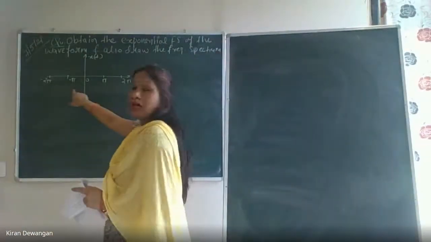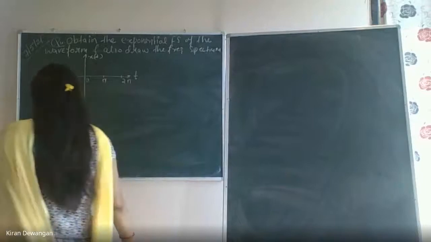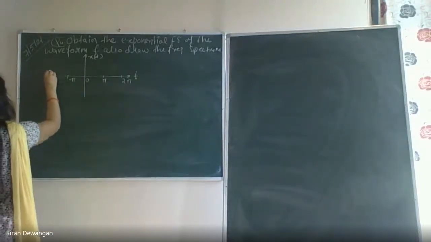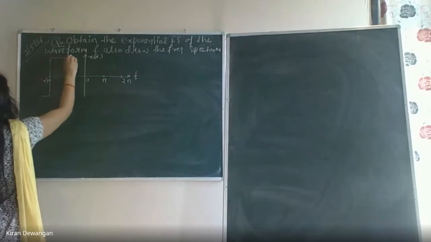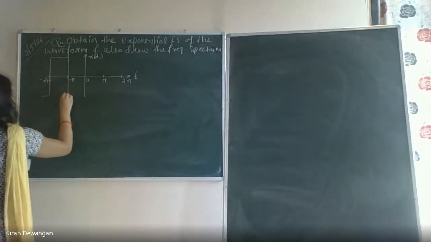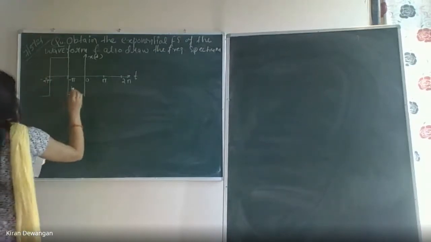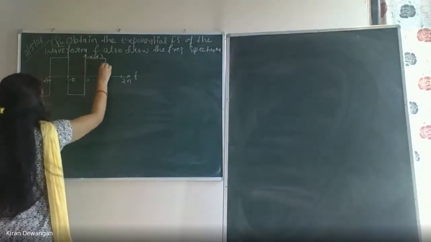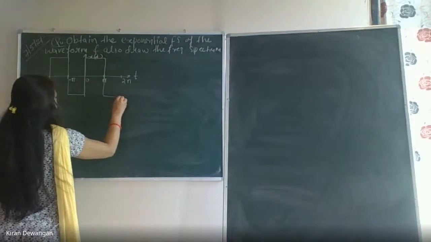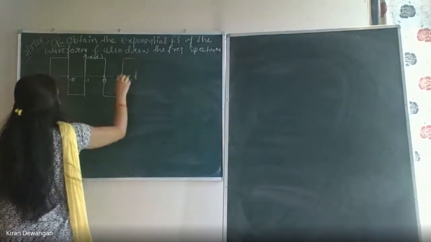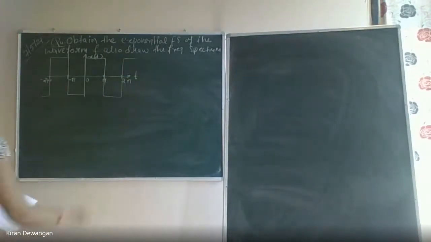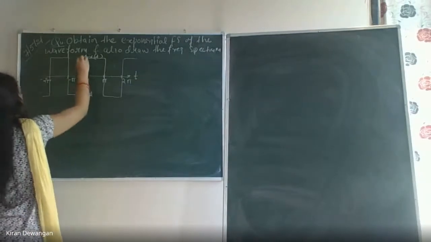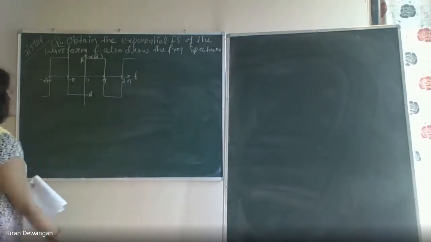It starts from here, goes up, then comes down till here, then goes up again. It's a kind of square wave whose value here is minus A and here is plus A.